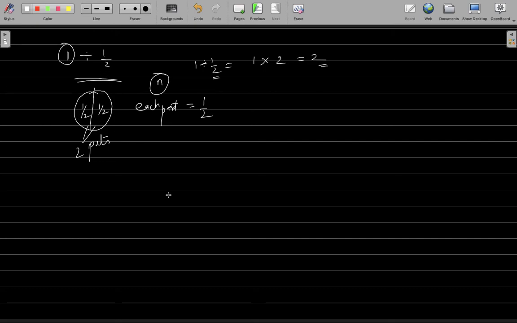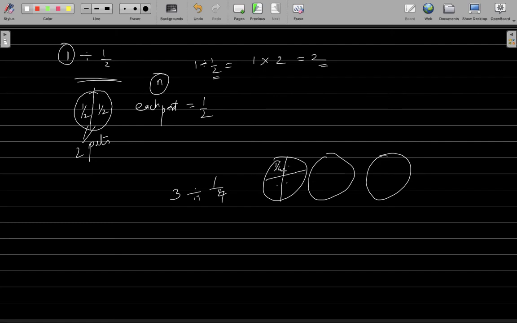You understand? Suppose I tell you 3 divided by 1 by 4. What do I mean by 3 divided by 1 by 4? I mean the number of 1 by 4 parts obtained when each of the 3 whole objects is divided into 1 by 4 equal parts. 1 by 4 equal parts means I am dividing this object into 4 parts.